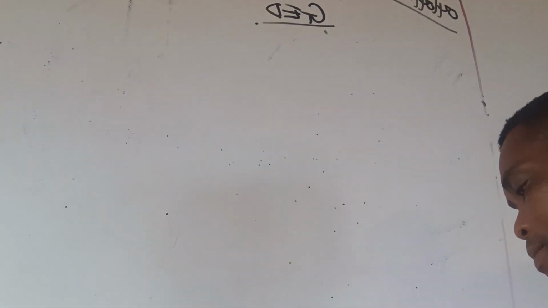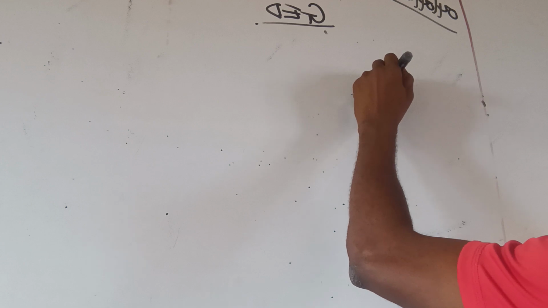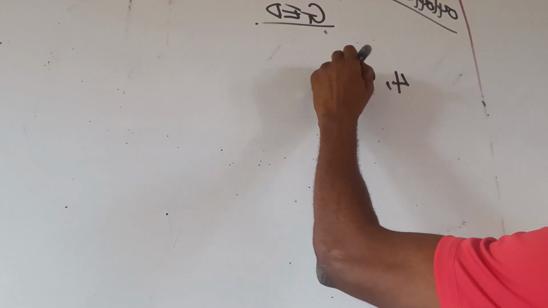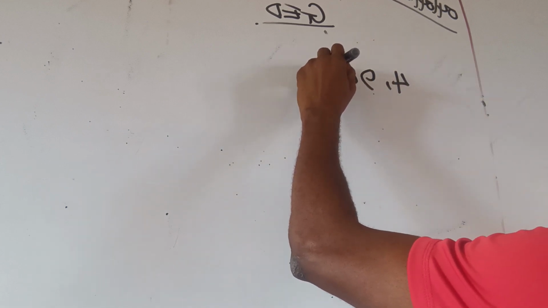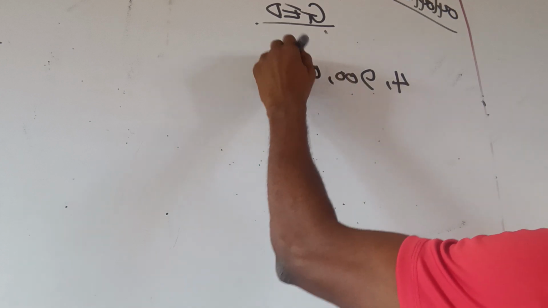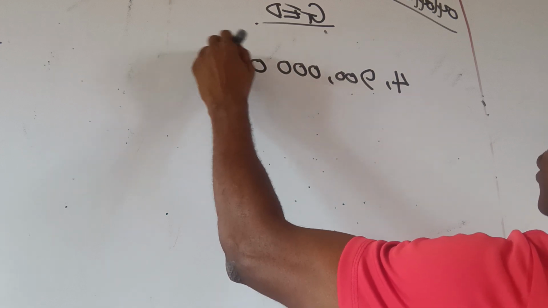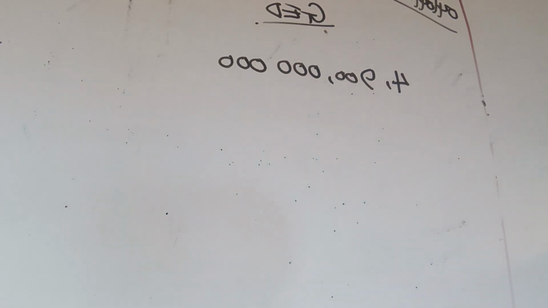So we have this, about 900,000,000. We have to write it in scientific notation.